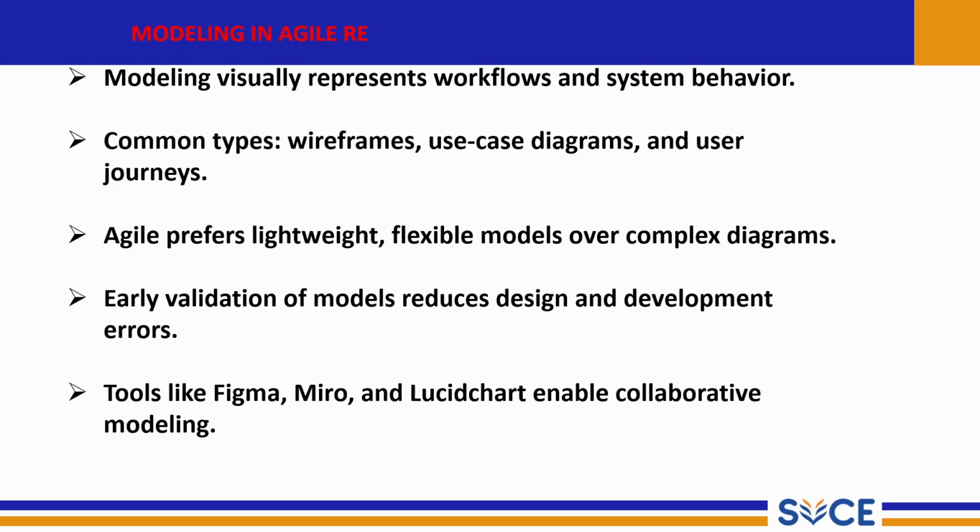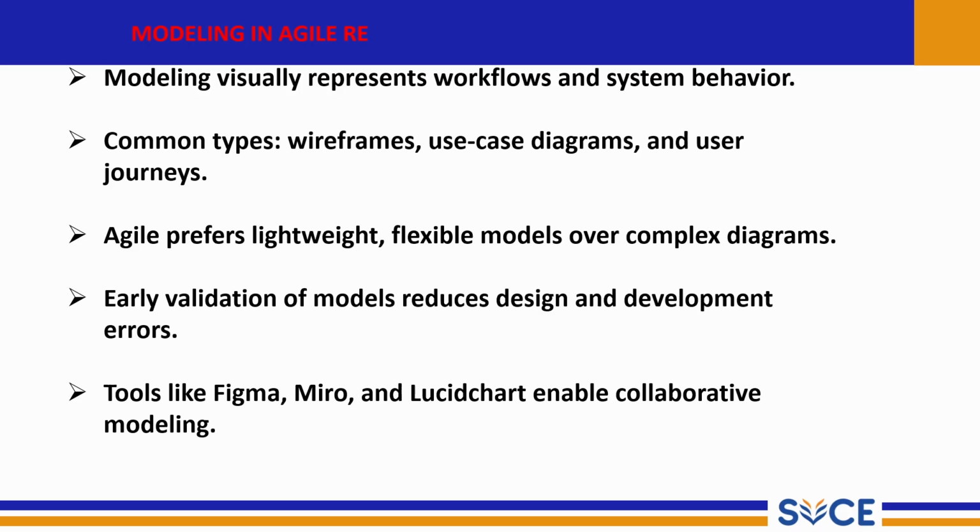On the next slide we are seeing modeling in agile requirement engineering. This is another phase of requirement engineering. Modeling visually represents the workflows and the system behavior. The common types are wireframes, use case diagrams, and user journeys.